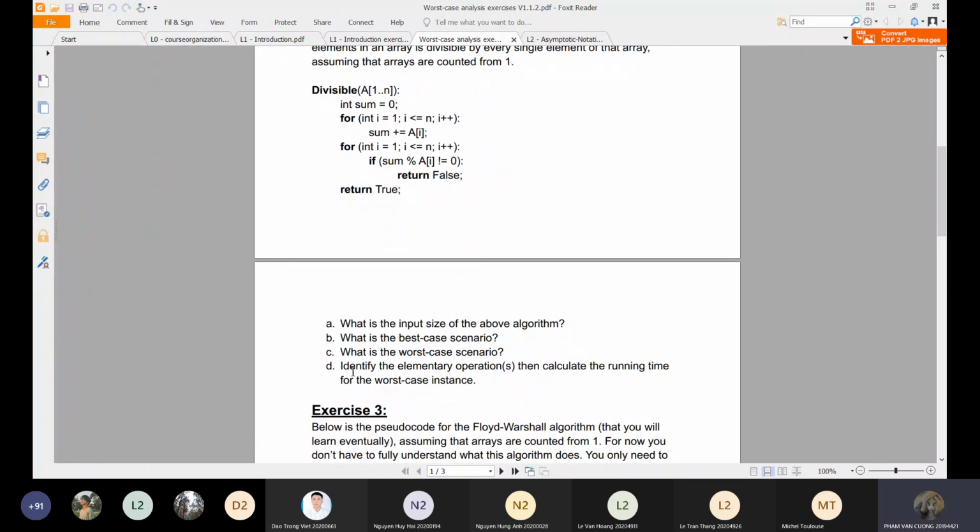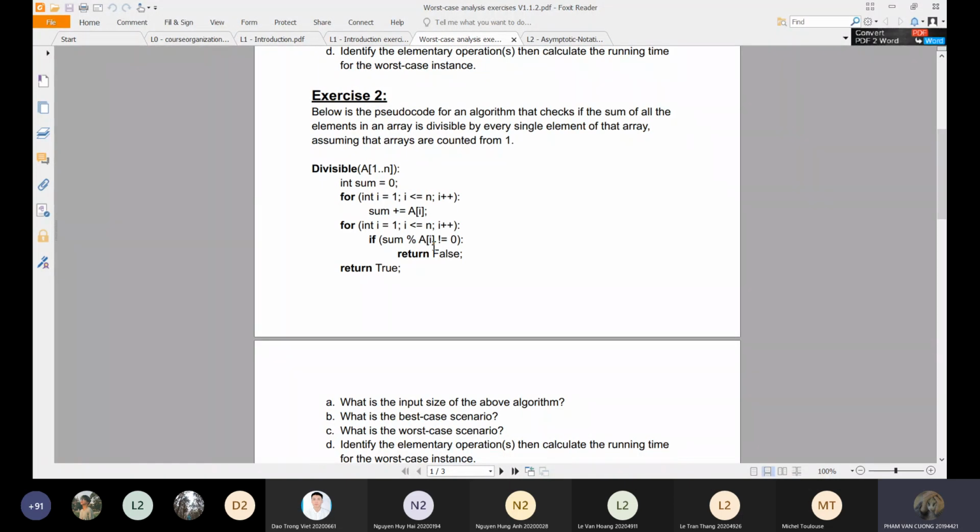So D, can you identify the elementary operations and then calculate the running time? Well, yeah, the for loop, but I think we might have to count both of them, both the for loops, since they are executed approximately the same number of times every time the algorithm runs.